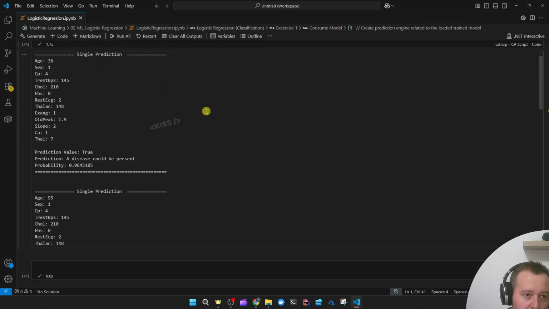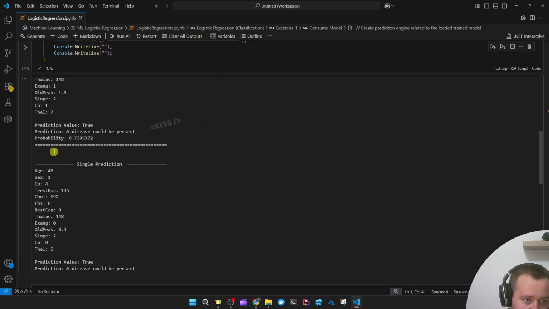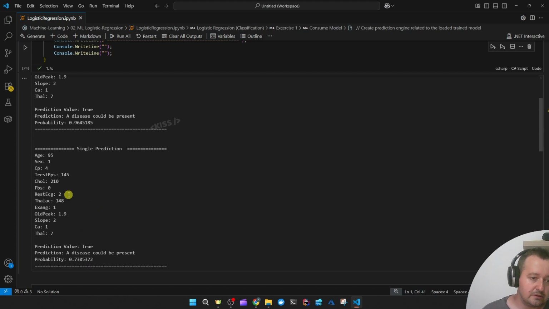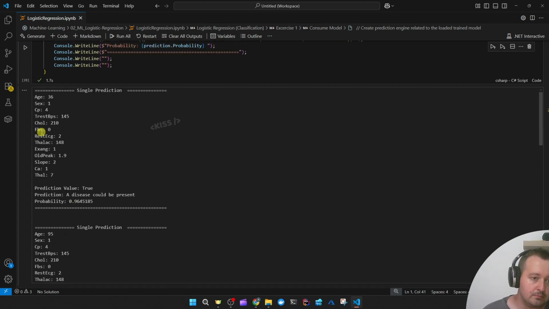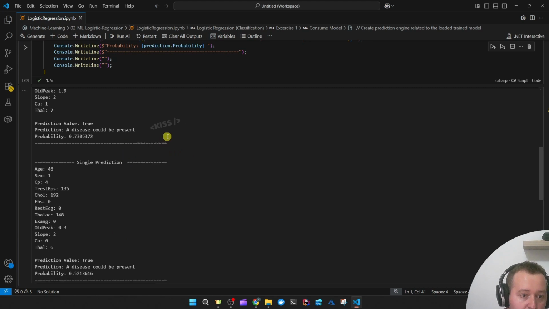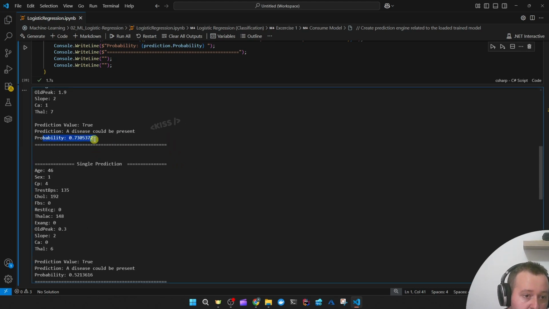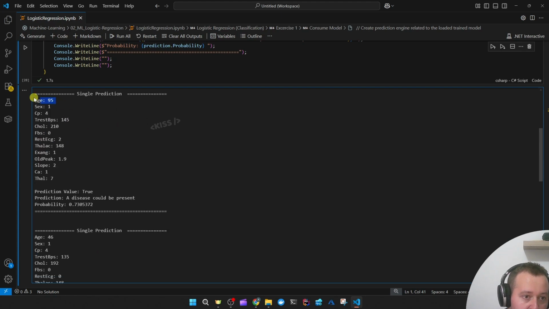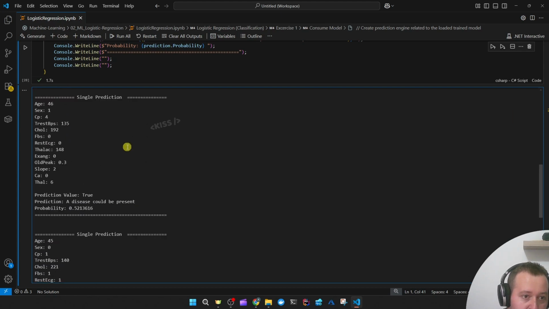So it's possible that 95 is our maximum, and the training data was 77. Of course, these feature values could be completely made up or be the same even. And it's possible that maybe our model doesn't perform too well on very old people or very young people. Just a lower probability because maybe it's not sure with this age.